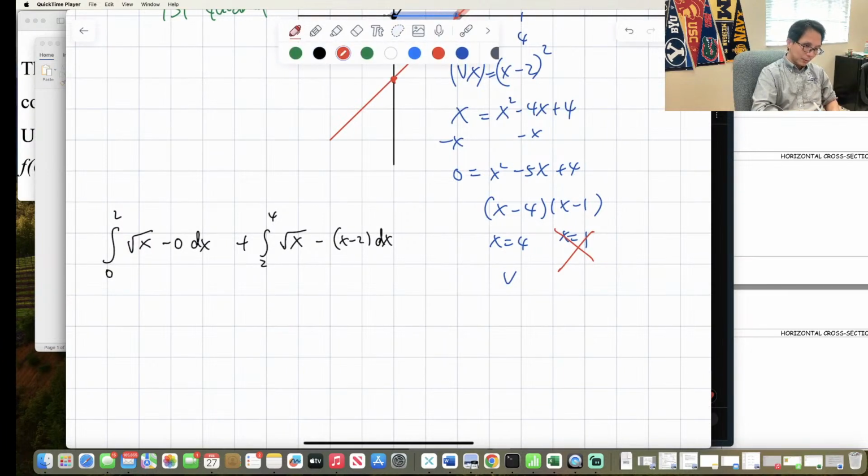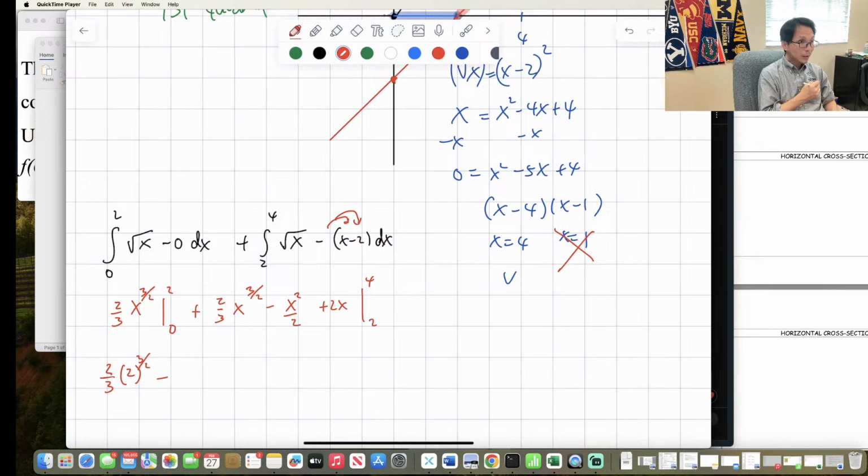What's the integration of x to the 1/2? x to the 3/2 over 3/2, which is 2/3, right? Between 0 and 2, plus the integration: 2/3 x to the 3/2, minus x squared over 2, and then plus 2x because the sign is distributed, between 2 and 4. I'm going to type in 2/3 times 2 to the 3/2 minus... Is this okay?